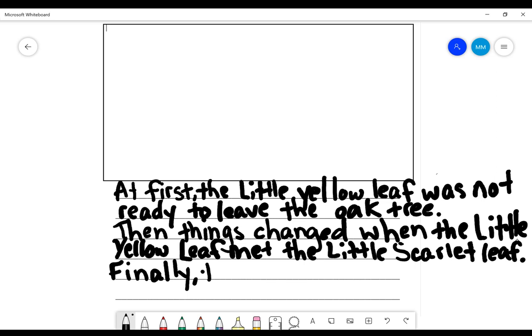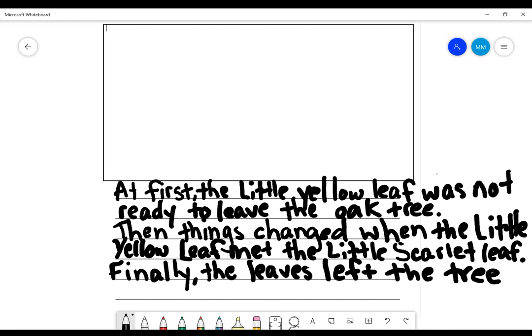Finally, the leaves left the tree. And what did they do after they left the tree? And soared in the sky. And how do I end a sentence?